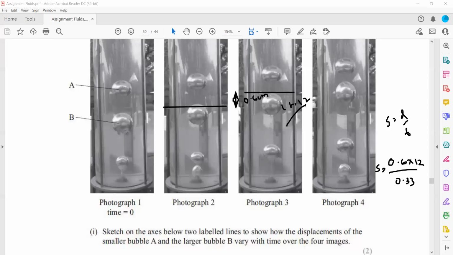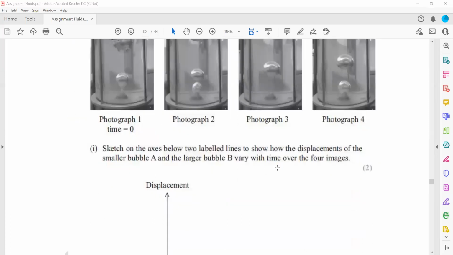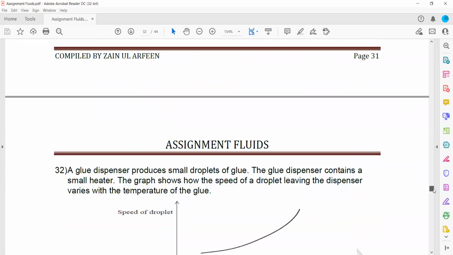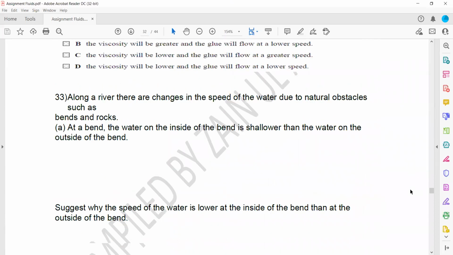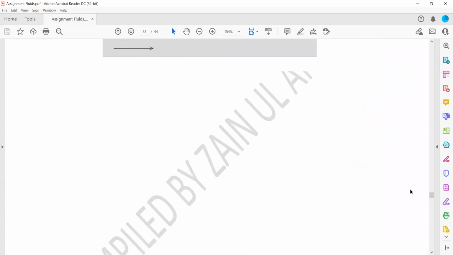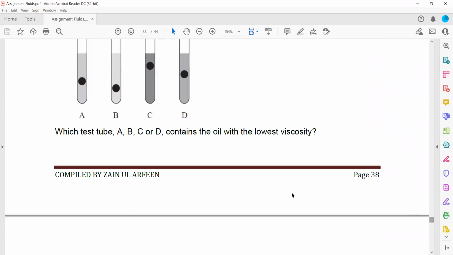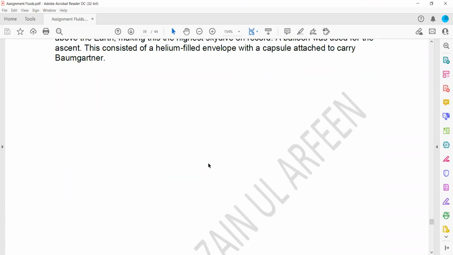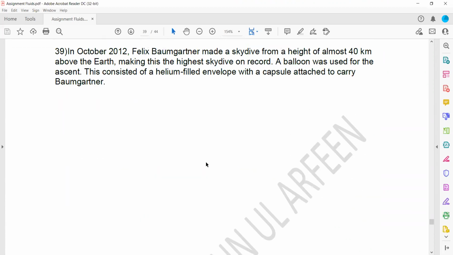Next is 39A2. In October 2012, Felix jumped from a height about 40 kilometers above the Earth, and he used a balloon to ascend.